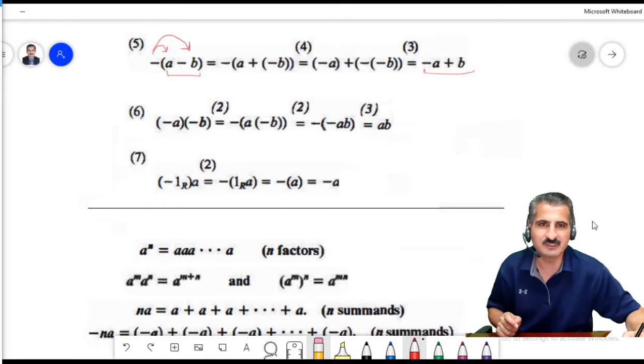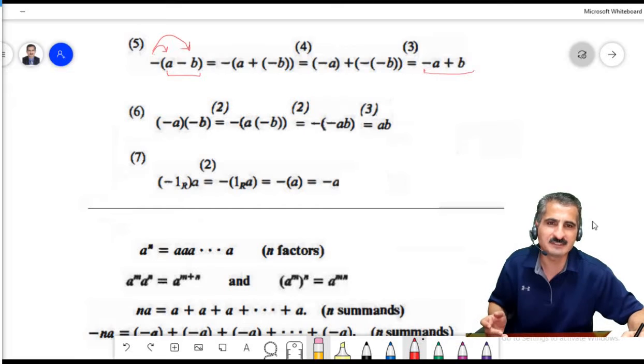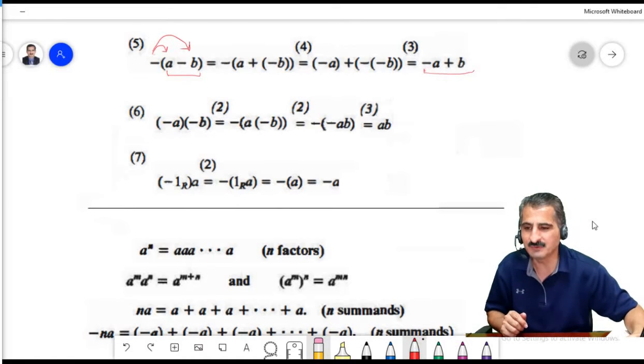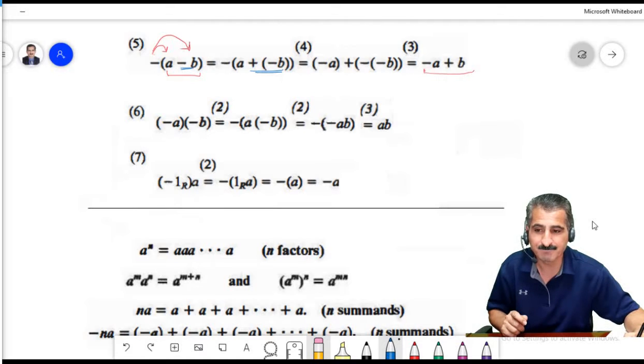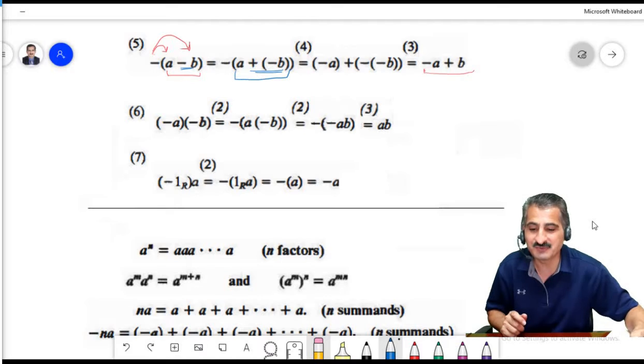Doing distribution means you are dealing with it as a minus sign, and we are saying it is not a minus sign, it is a notation for additive inverse. Okay, so what we will do, we will write the negative B as we saw before, plus minus a negative B. Okay, and now here we are not doing distribution.